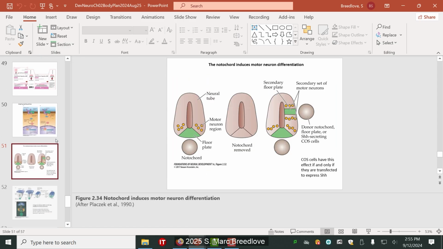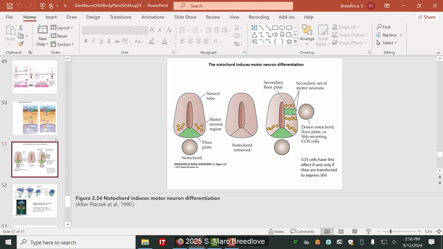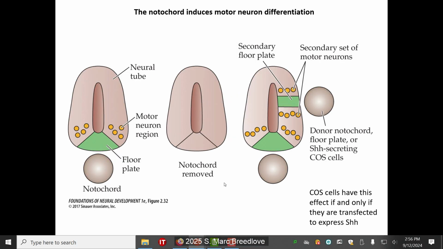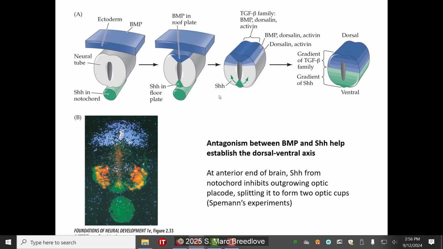And I want to get back to those, where the notochord is releasing sonic hedgehog, which is telling the bottom of the neural tube, the ventral part of the neural tube, to make a floor plate. Overhead are our skin cells. They're continuing to make bone morphogenetic protein, and they're telling the top of the neuraxis of the neural tube to make the roof plate.